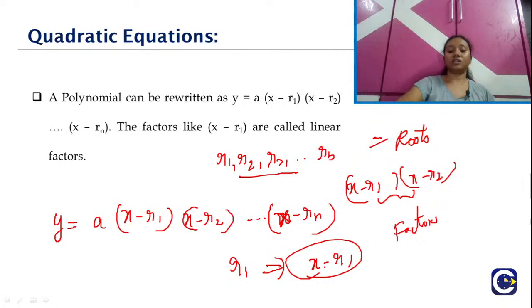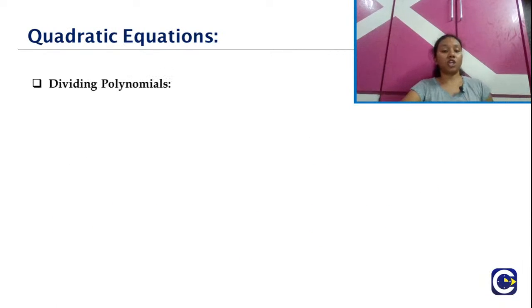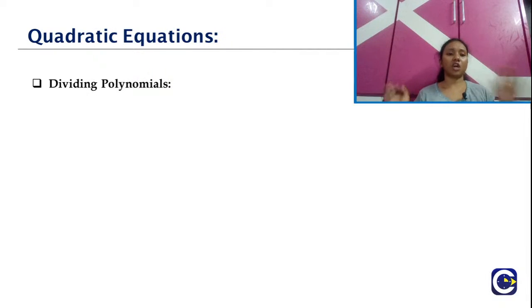So far we just had a quick introduction: what a polynomial is, what its representation is, what a quadratic polynomial is, what a quadratic equation is, what are called the roots or zeros of a quadratic equation, and how the graph of a quadratic equation will look based upon the leading coefficient as well as the discriminant.